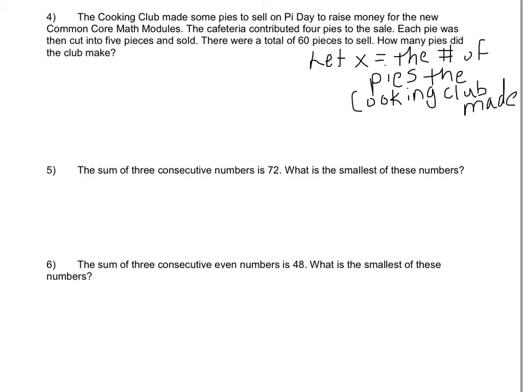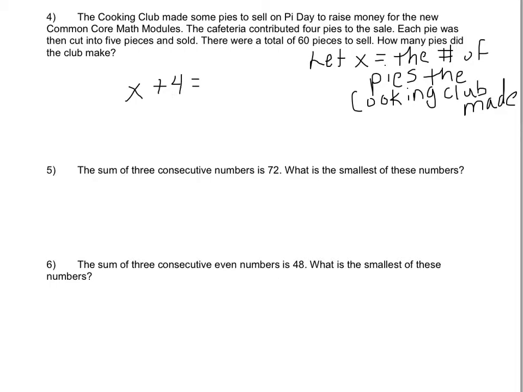It's a long one. So x is the number of pies the cooking club made. This question's a little confusing because they talk about pies and they're also talking about pieces. So we're going to start with our x. And we know that x represents the number of pies the cooking club made, plus the 4 pies that the cafeteria made, equals.